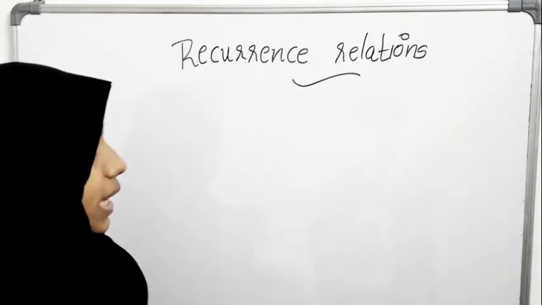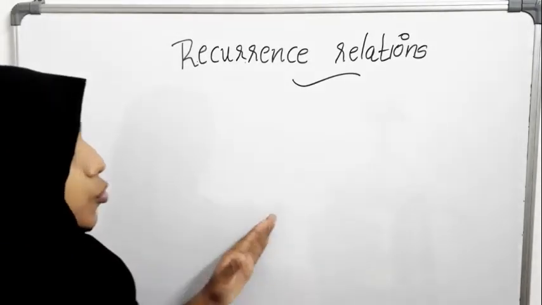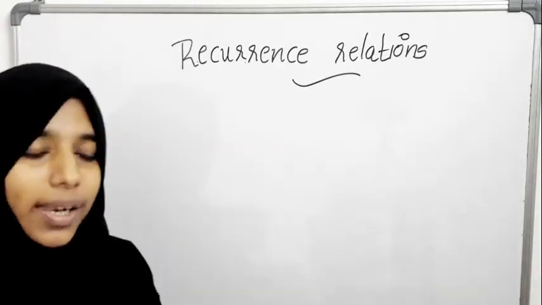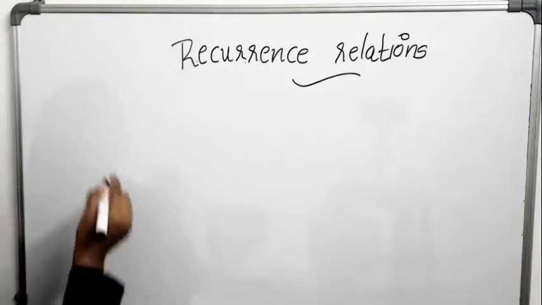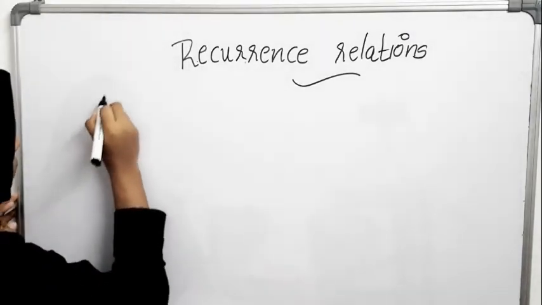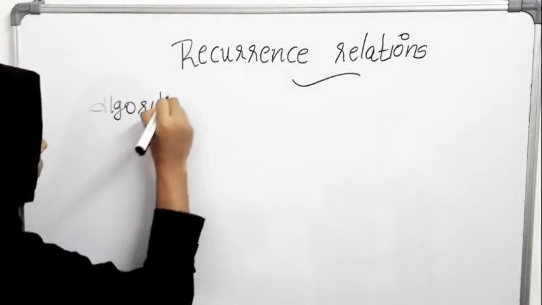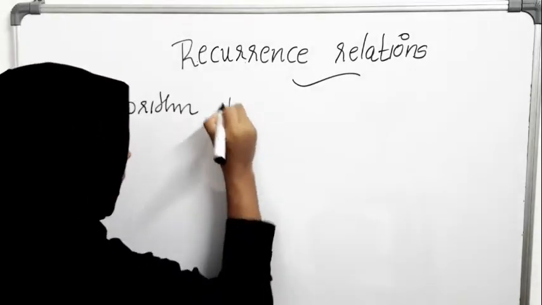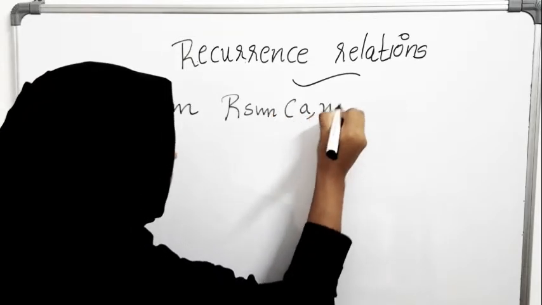I'll show you a few examples in this video as to how to calculate the recurrence relation for various recursive algorithms. Here goes the first example. Let the algorithm be named ASM, with parameters a and n.